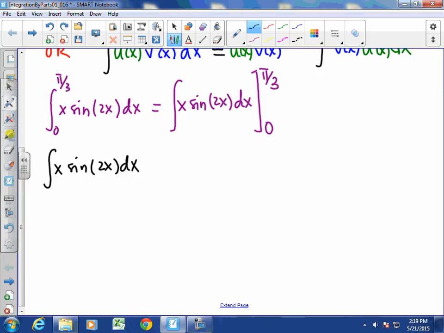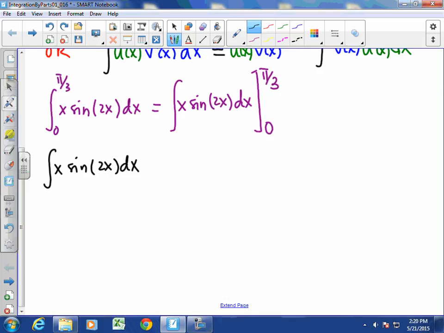Now see that in order to simplify the next term, we need to find u and v prime in such a way that when we take the derivative of u and find v, the product is going to be very simple.